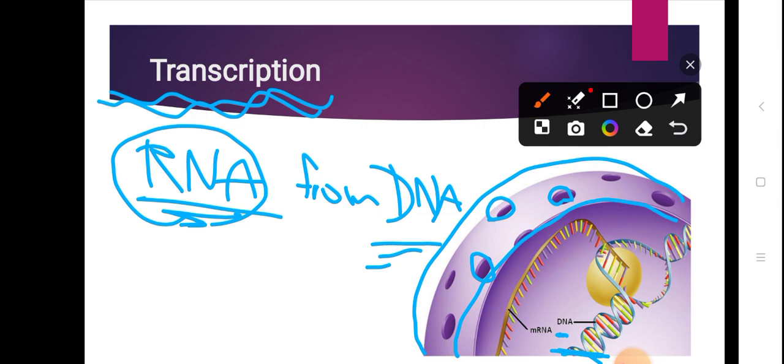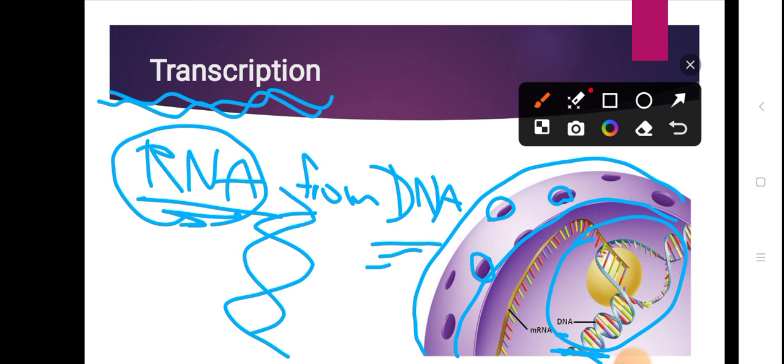But in this copying process, we copy just a part of the DNA, not the complete DNA. As we said, the DNA is formed from a double helix of two strands and formed from nucleotides, okay?